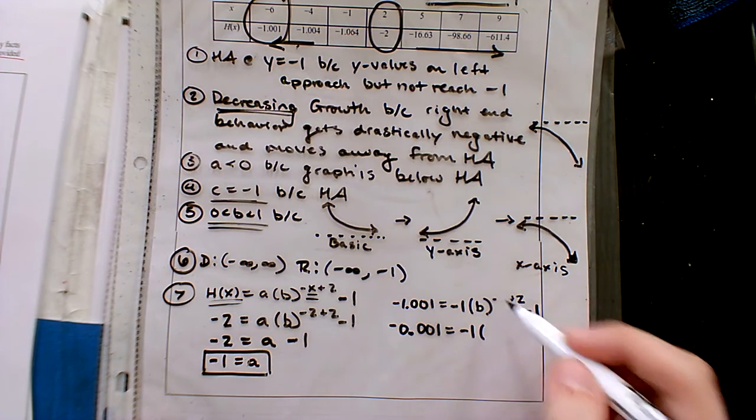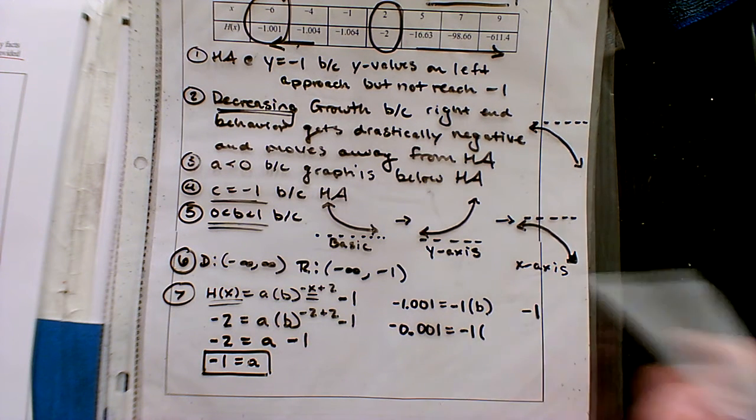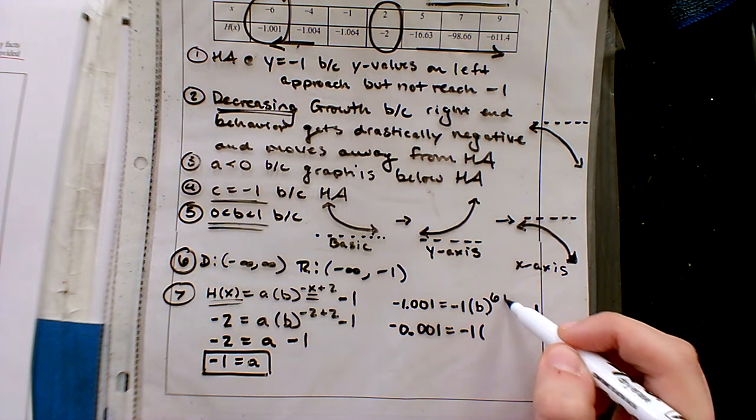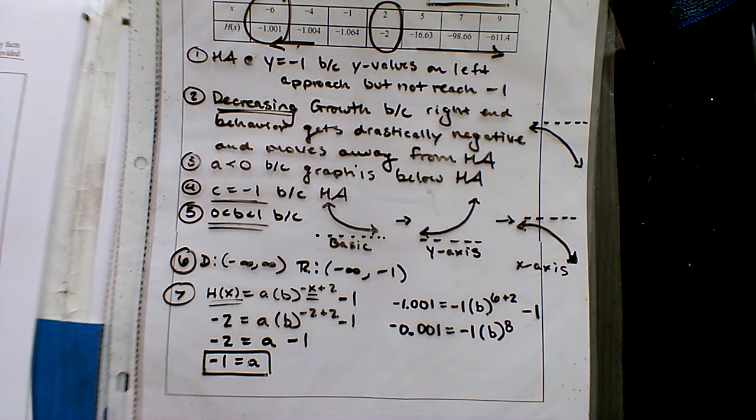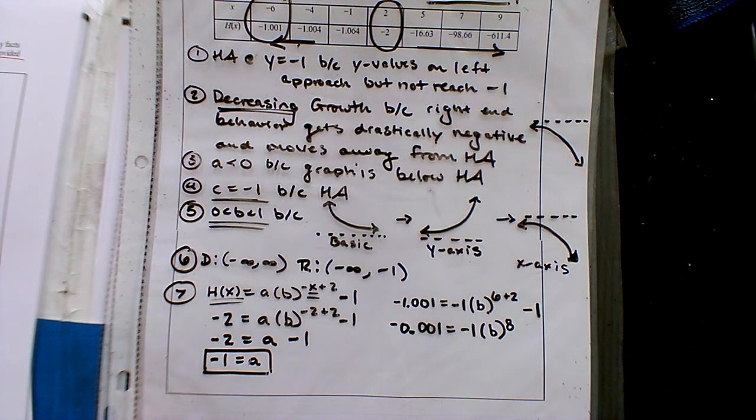Oh wait, I forgot the x value. If we're plugging in a -6, it'll change to a +6 because of the power. We can divide a negative over. And how can we get rid of a power of 8?